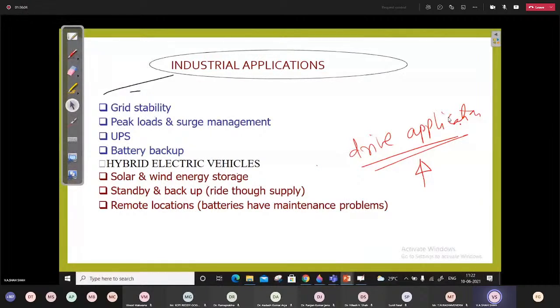That short period of time will be supported through the supercapacitor, and we can maintain the continuous operation of the drive even under failure of the power supply. By that time, the backup power supply will come into the picture, and the capacitor will get disconnected. So for a drive application also, we can use a supercapacitor, especially under power failure conditions.